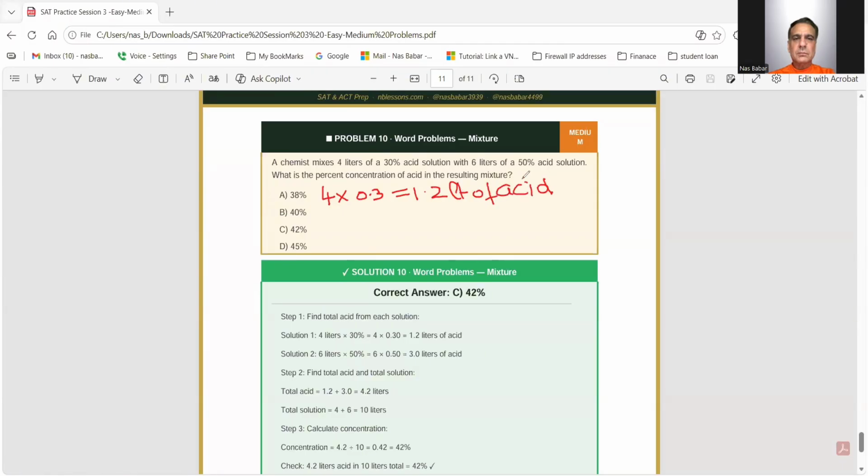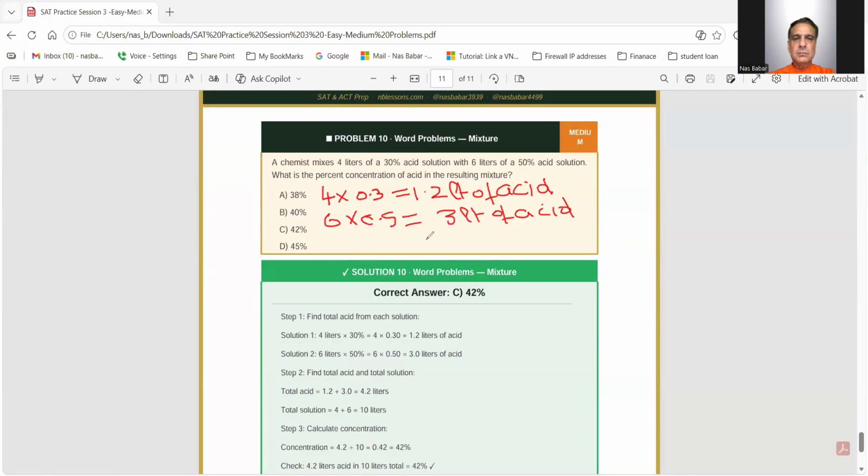Now we got to find out 50% of 6 liters. So 6 times 0.5 is going to give me 3 liters of acid, okay?